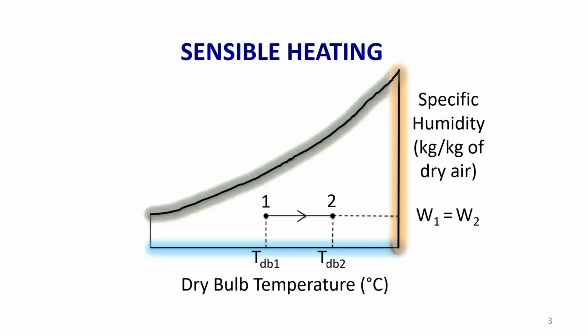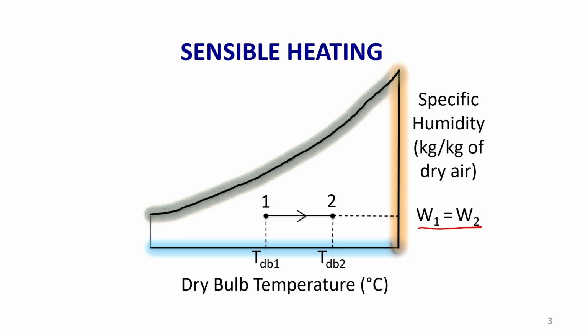And you can see the line is perpendicular to the y-axis, or parallel to the x-axis, so the specific humidity remains constant. Specific humidity at 1 is equal to specific humidity at 2.